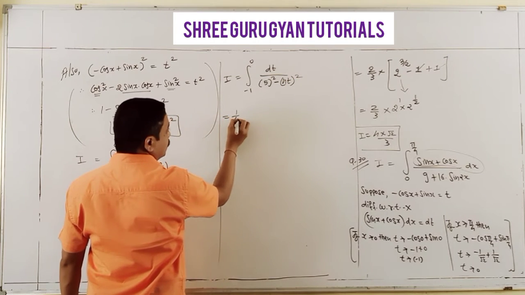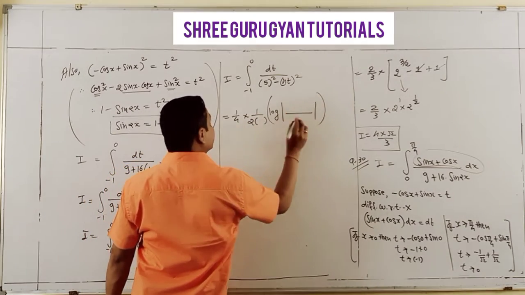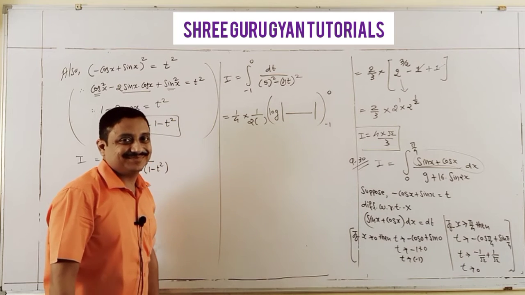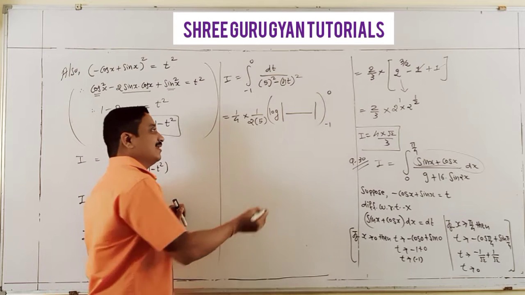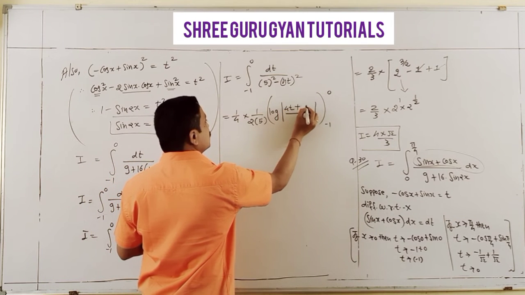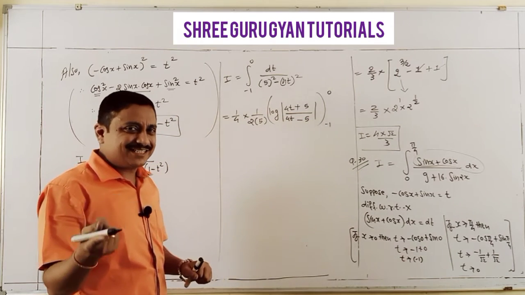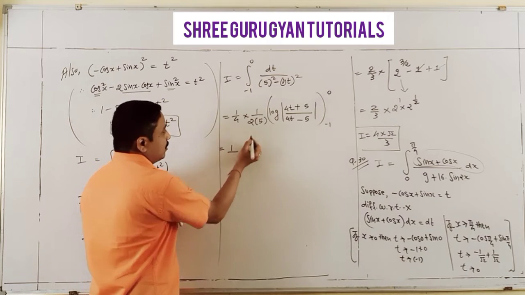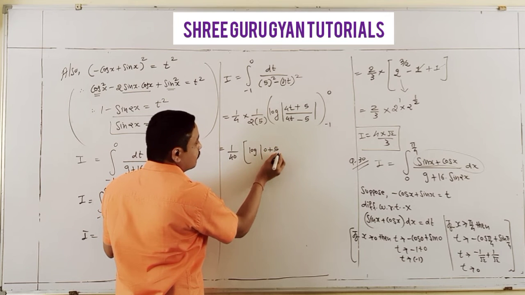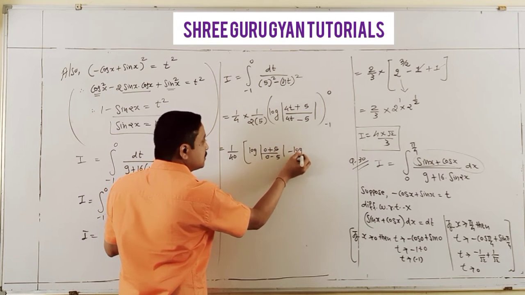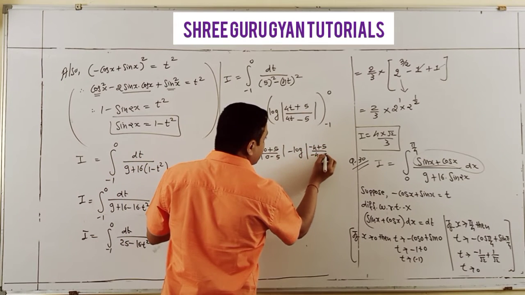Students, first take care of the coefficients: 1 by 2a log, and attach the limits minus 1 to 0. Yes, what is the a? A is 5, and constant minus variable, here plus, here minus, 40 with the 5 minus 5. If you like, exchange 5 and 40, it is the same. Now 1 by 40. Apply the upper limit in place of t, minus the lower limit, apply minus 1. So minus 4 plus 5, minus 4 minus 5.